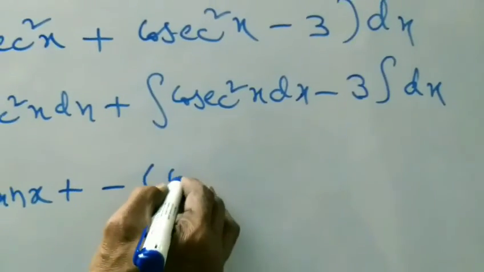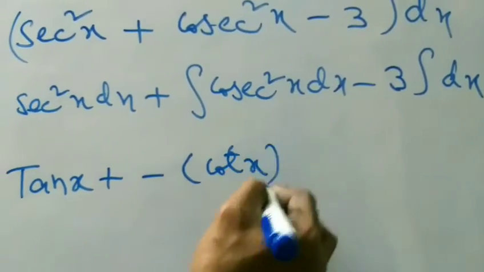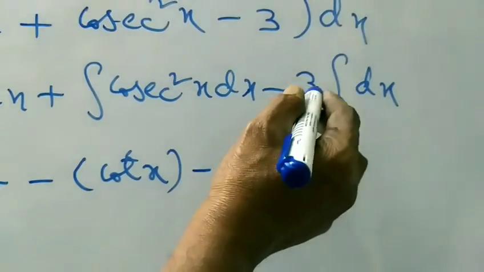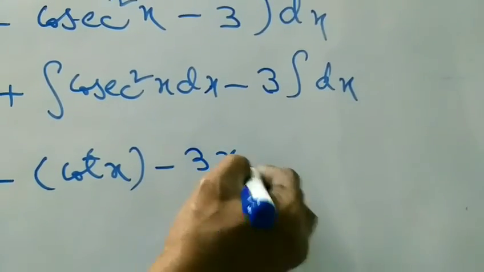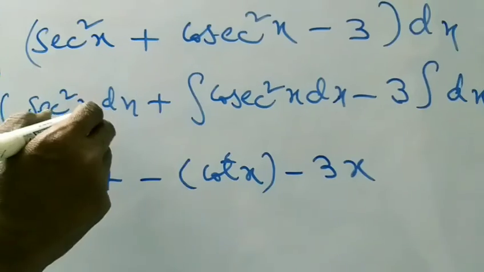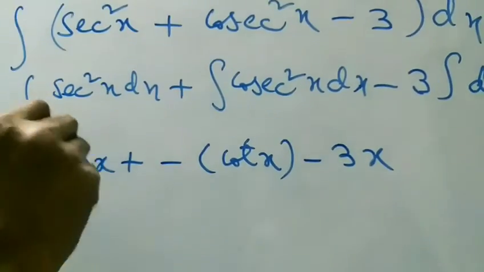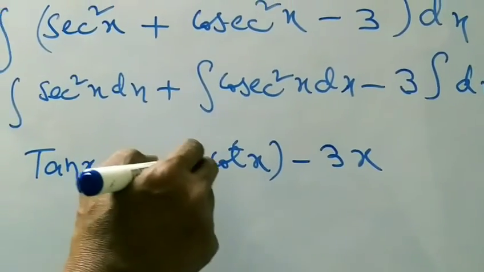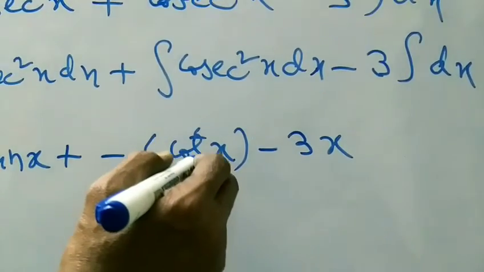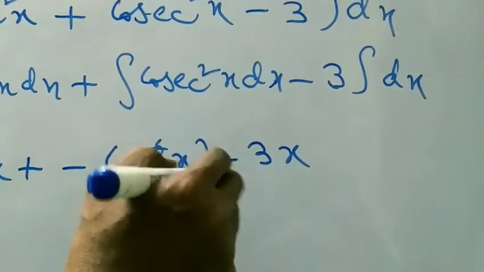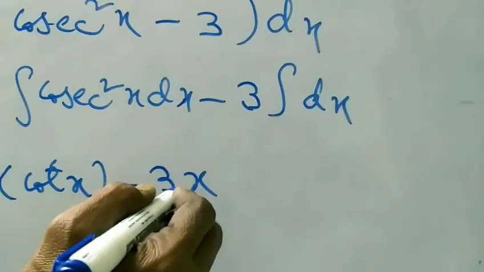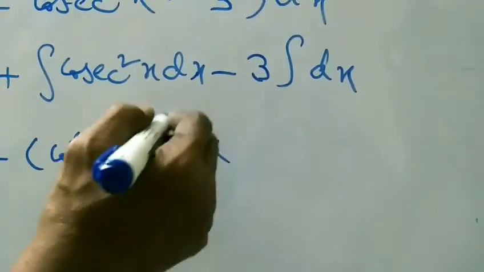And minus 3 into the integral of dx is 3x. So the integral of secant square x dx is tan x plus c1, the integral of cosec square x dx is minus cot x plus c2, and minus 3 into the integral of dx is x plus c3, a constant.